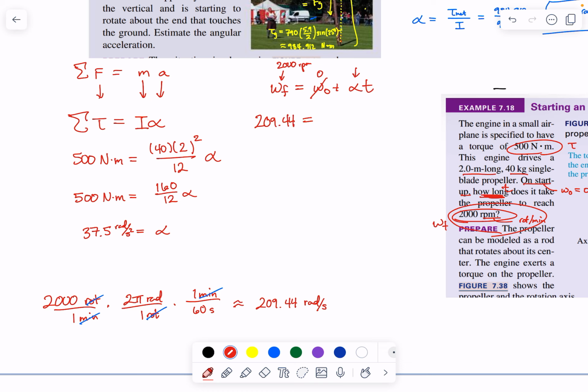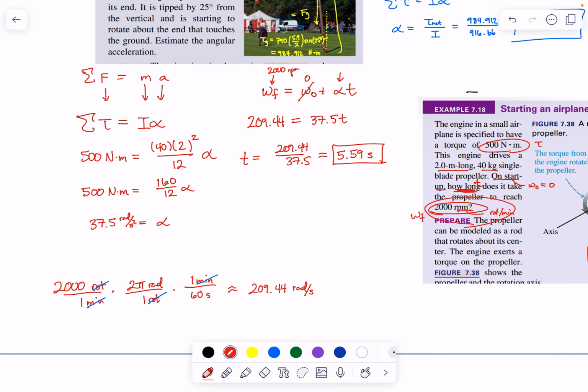Our alpha is 37.5 T. That means T is equal to 209.44 divided by 37.5. Right, notice how the units should all work out to just seconds. So divided by 37.5, I am getting an answer of 5.559 seconds, which I believe is roughly what we got for block 1.